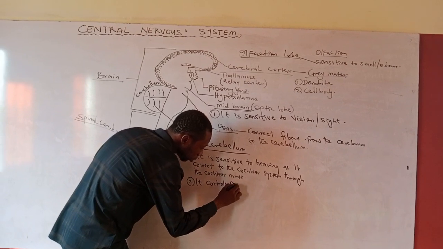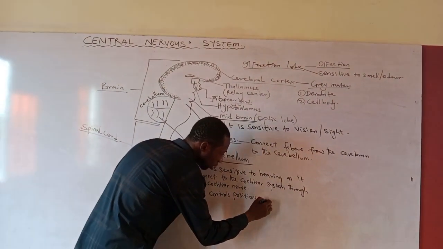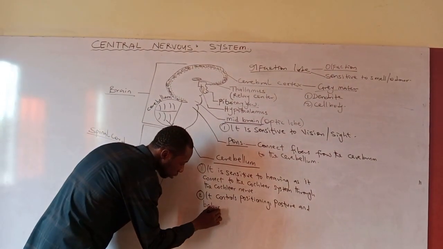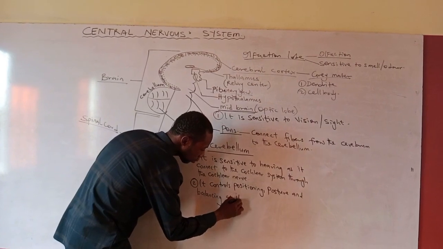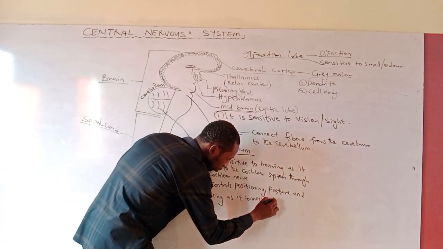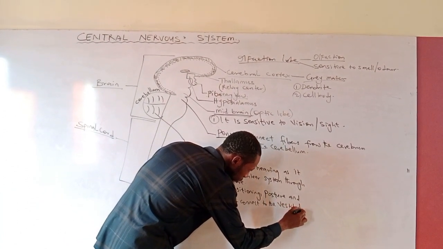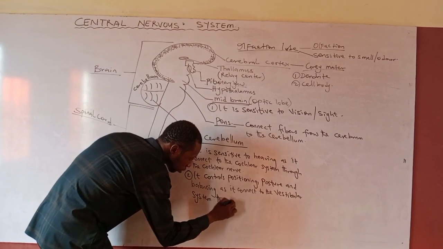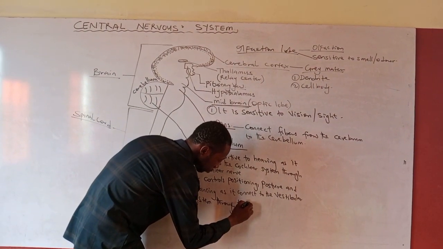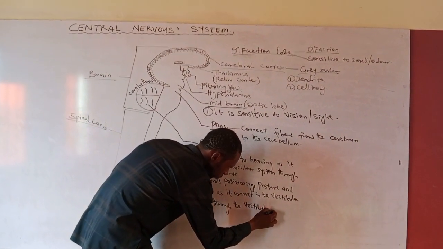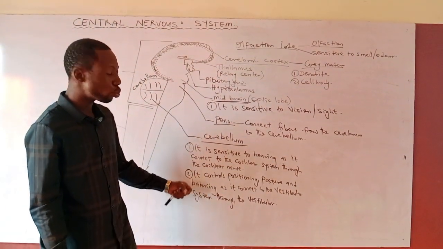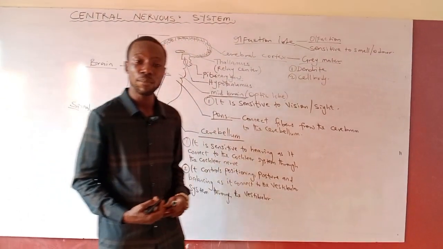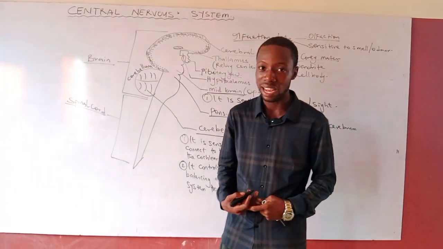Second function, it controls positioning, posture, and balancing, as it communicates with the vestibular system through a specialized nerve known as the vestibular nerve.